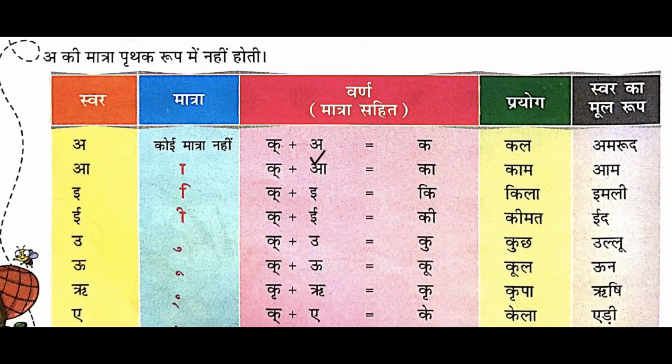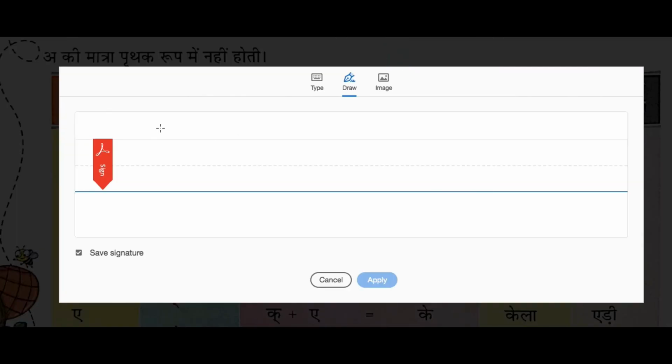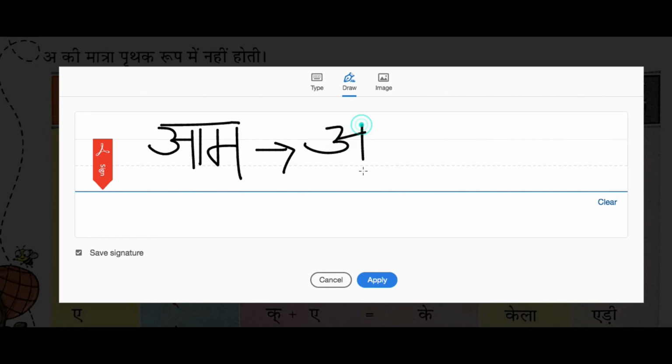Now the second one is am. This one is so simple. How? Because the first word is swar one, it doesn't need support, so we'll simply write a. Then the second one is ma.